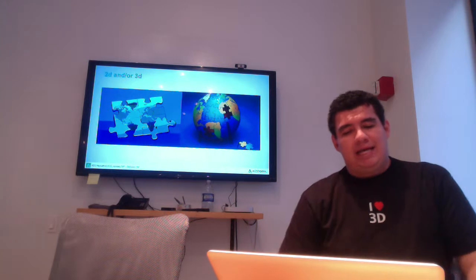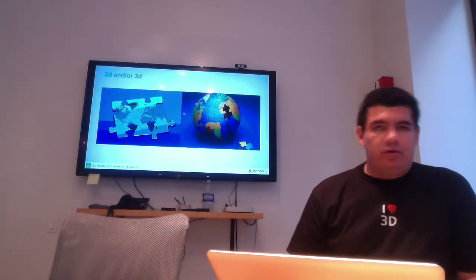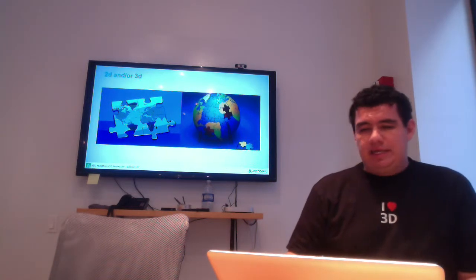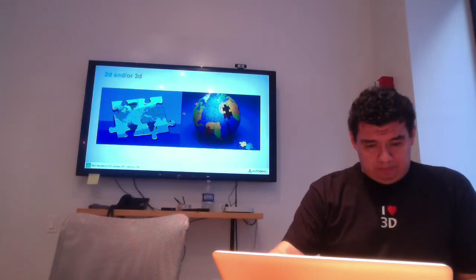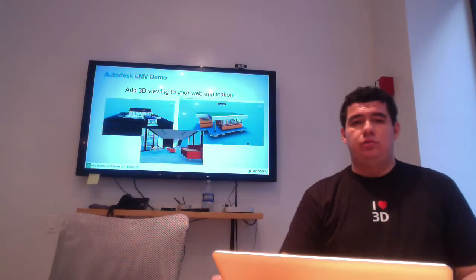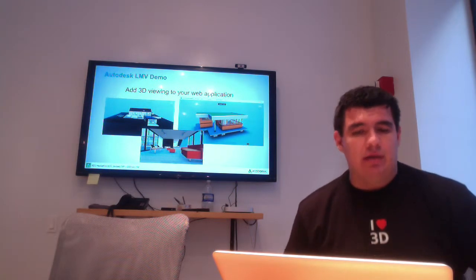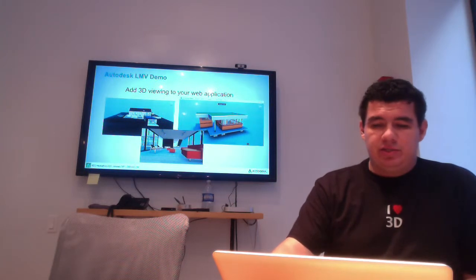All that data was probably built in some Autodesk software and also some other kind of software. It doesn't have to be specifically Autodesk files. So let me go to a simple quick demo on how our viewer actually works.